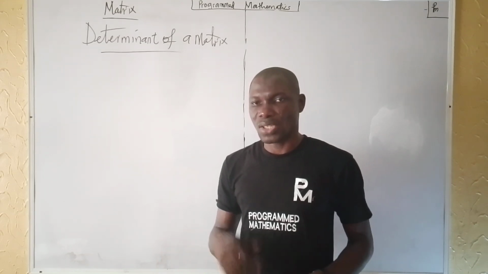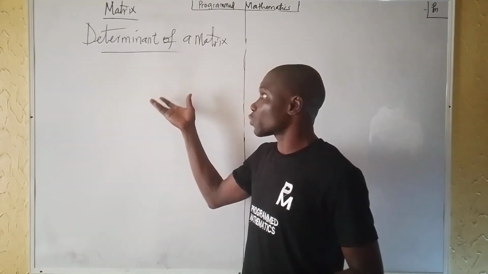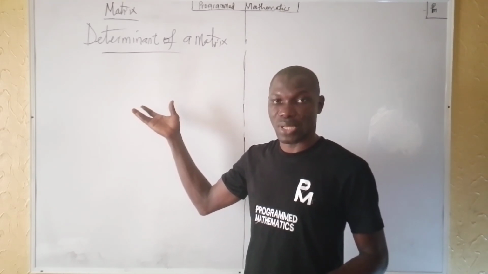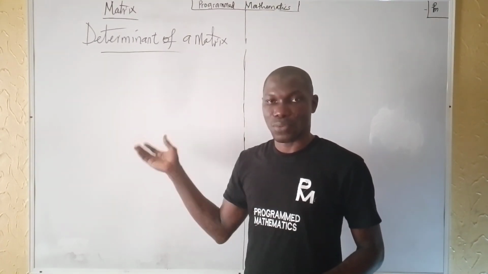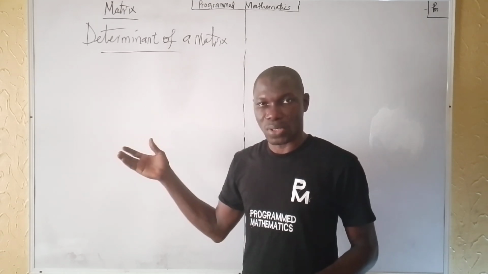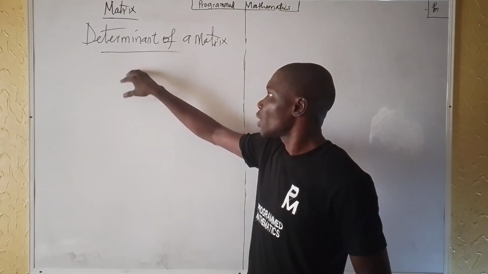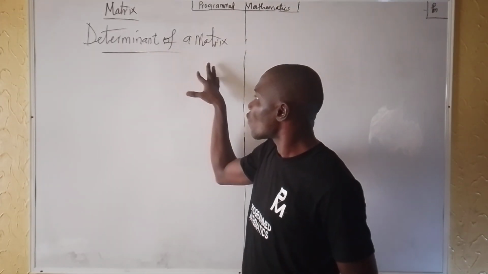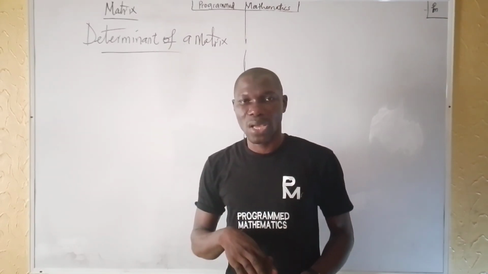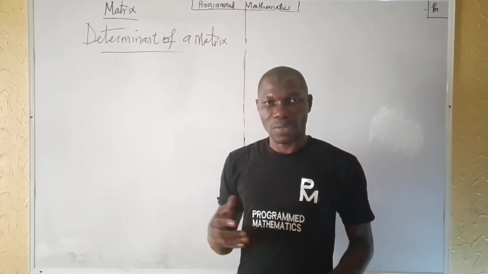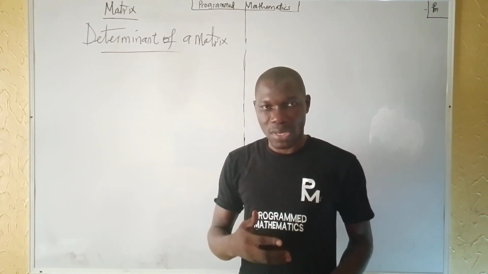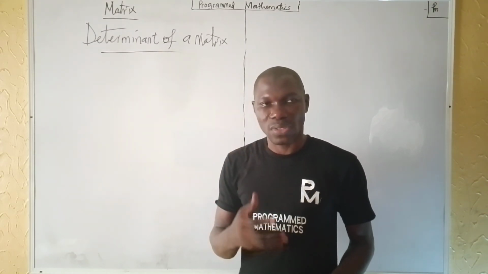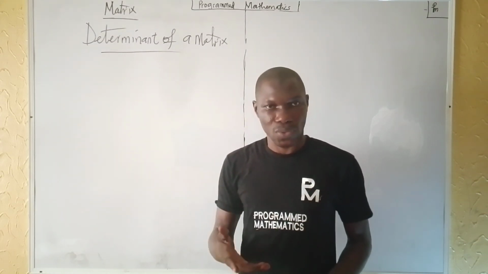And apart from that, in the computing world, some programmers or software developers will tell you that matrix is a type of data, just like you have whole numbers, real numbers, and every other one. So in this case, when we talk about determinant of a matrix, we're talking about that particular number that can be calculated from a matrix, which determines whether a matrix has an inverse or not.